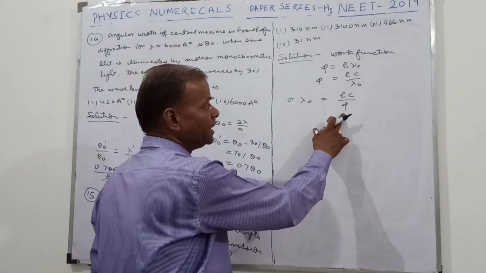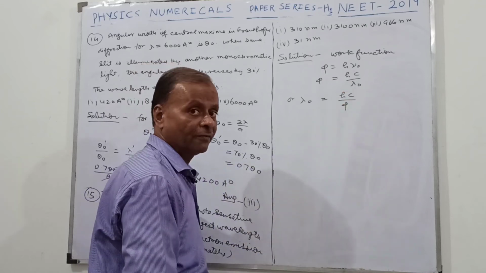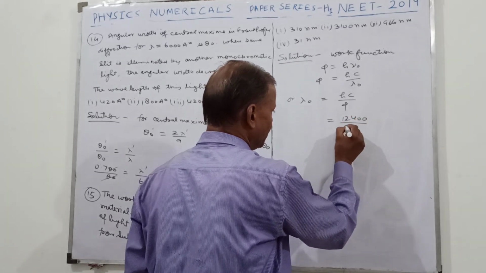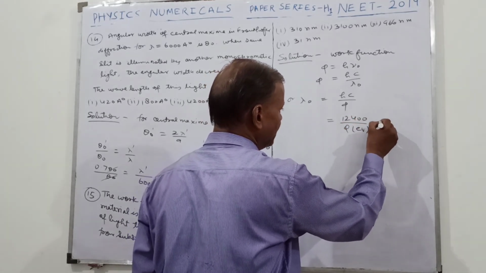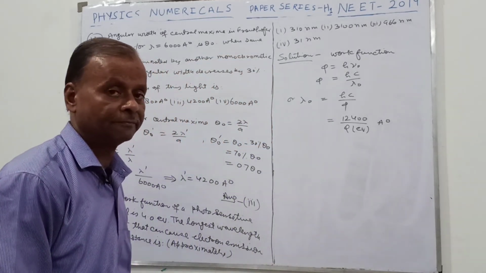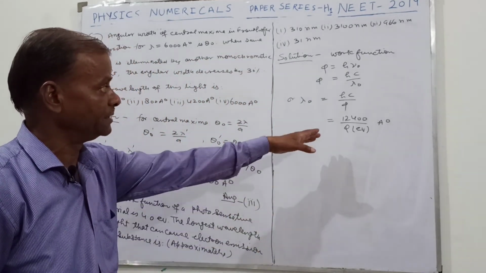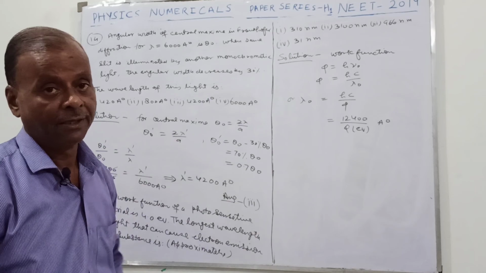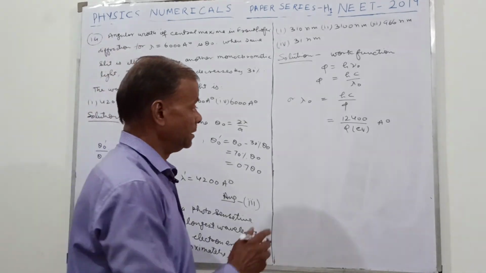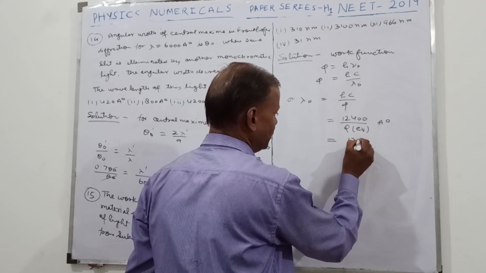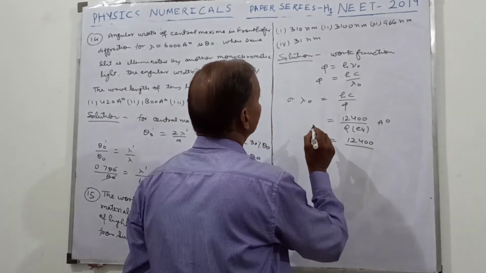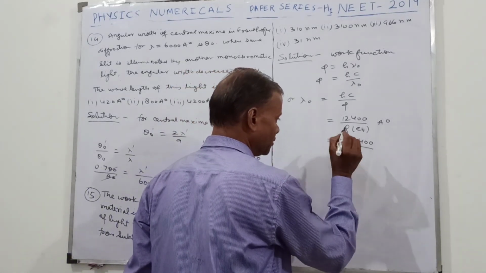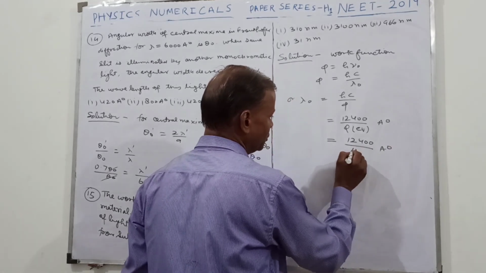Now since this is given in electron volt, you directly have the formula: 12,400 upon phi in electron volt, then you will get it in angstrom. This has to be kept in mind: when it is given like this, you have to use this formula directly, otherwise it will have a large calculation. So 12,400 upon 4.0 is now so much angstrom.